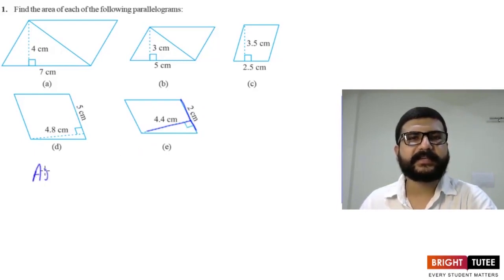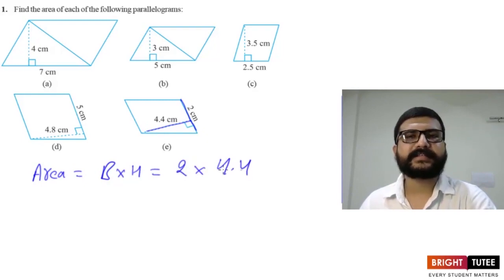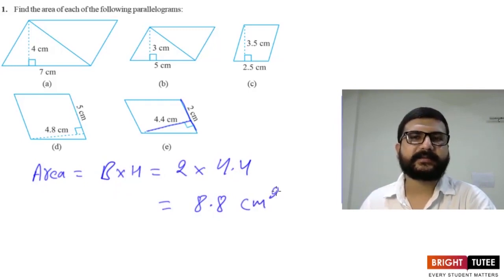So the area is equal to base into height. This we already know, and here the base is 2 and the height is 4.4. Now we just have to calculate 4.4 into 2. It will be 8.8. So the area is 8.8 square centimeters.